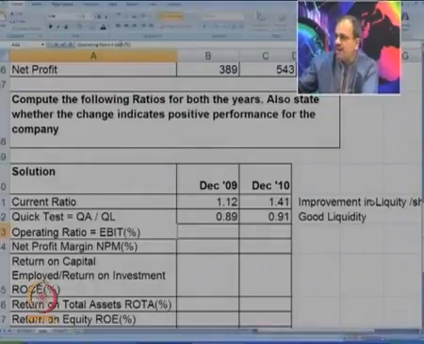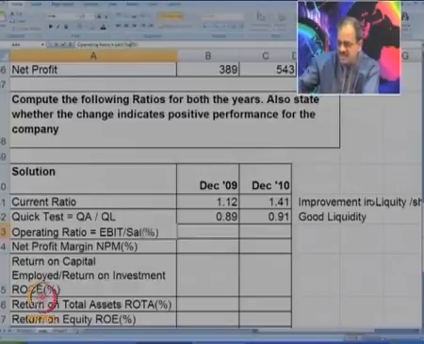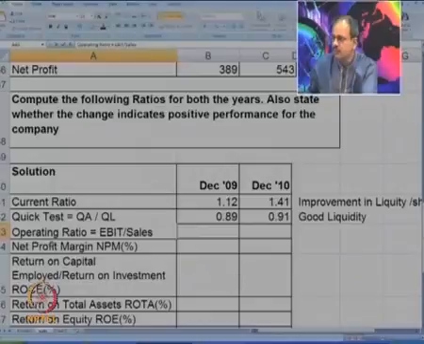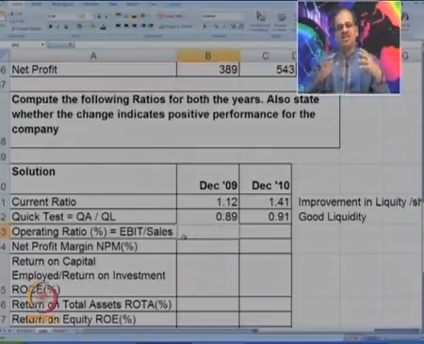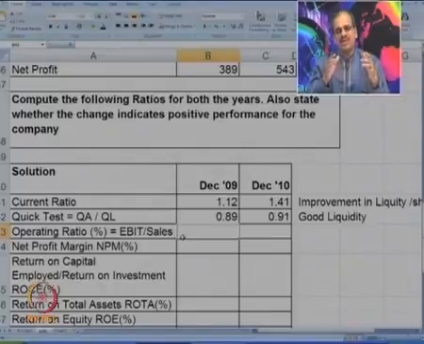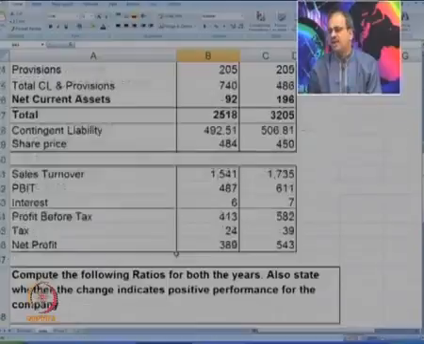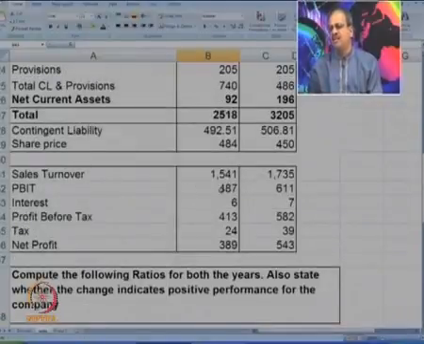So, it could be found as EBIT upon sales. So, we are essentially trying to find what percentage of profit is available on the sales generated. Look at the profitability indicators.